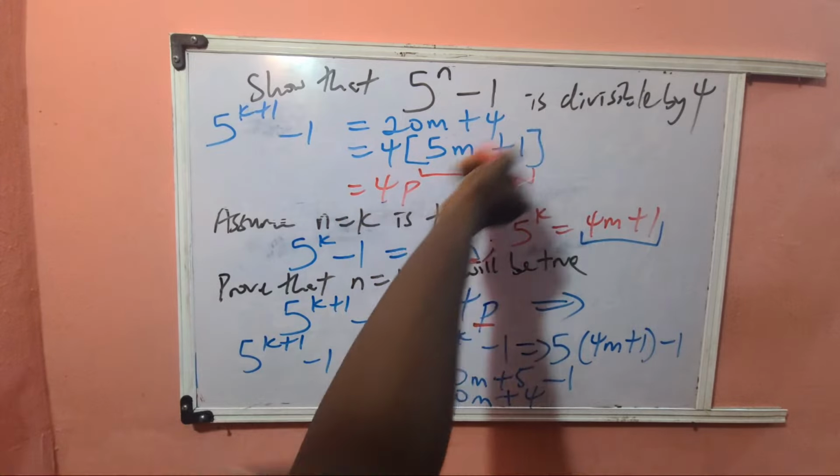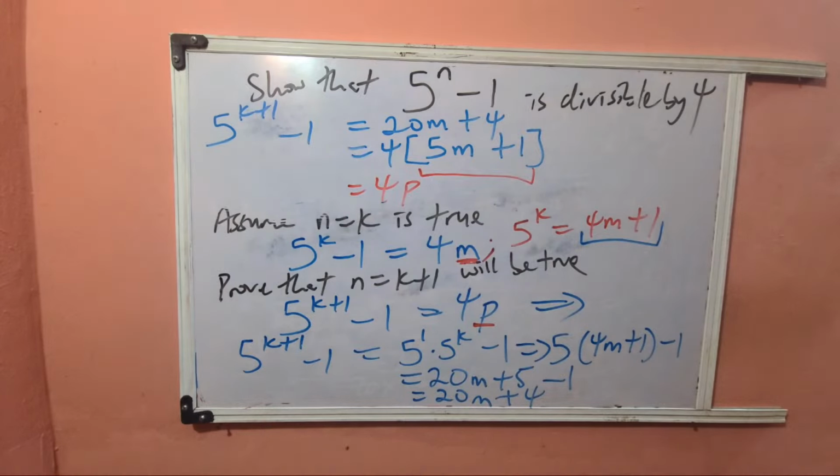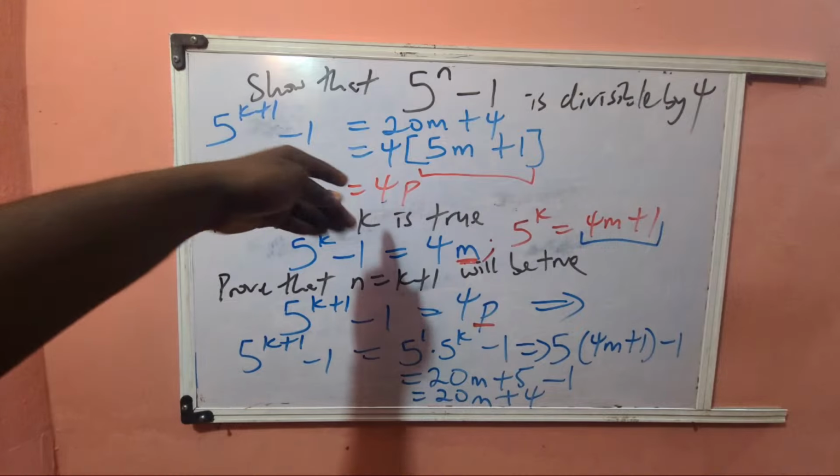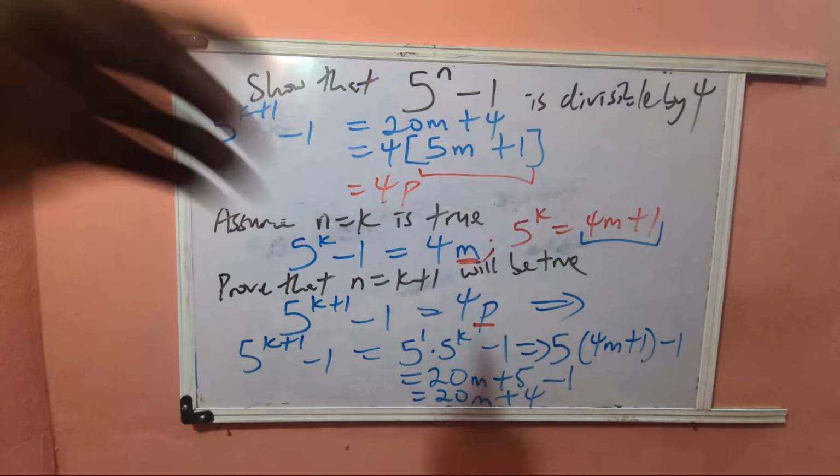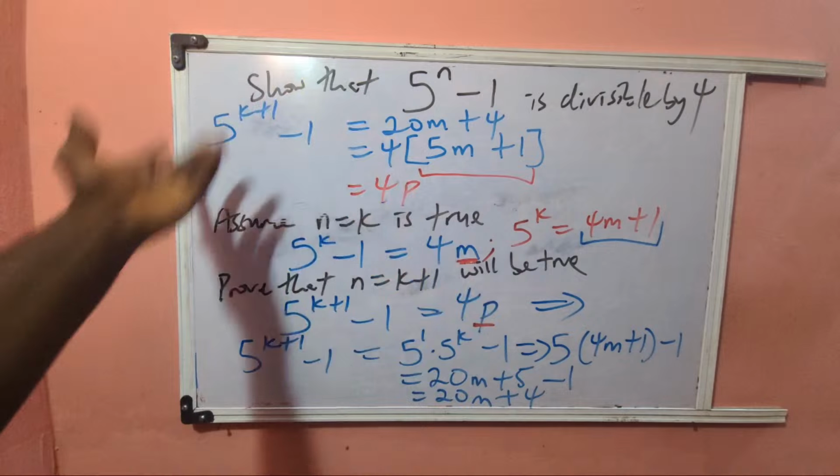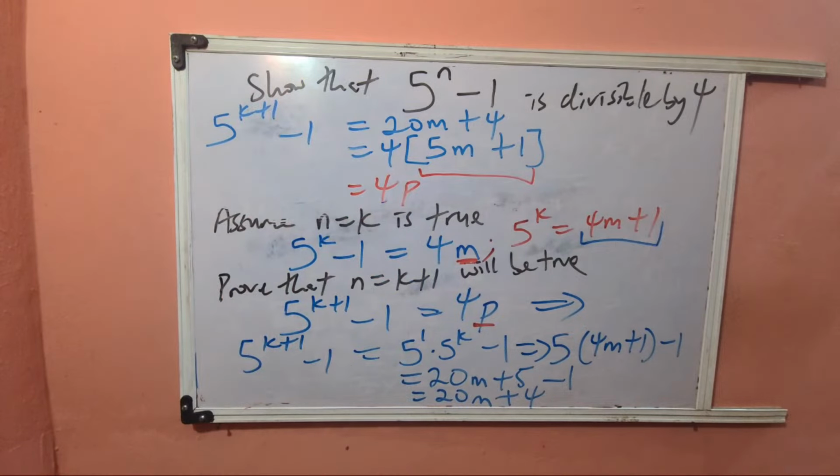You can see from here that I've been able to prove that 5 raised to the power k plus 1 minus 1 is actually divisible by 4. Because if it's equal to 4 times an integer, that means it's divisible by 4. Does it make sense? This is quite simple.